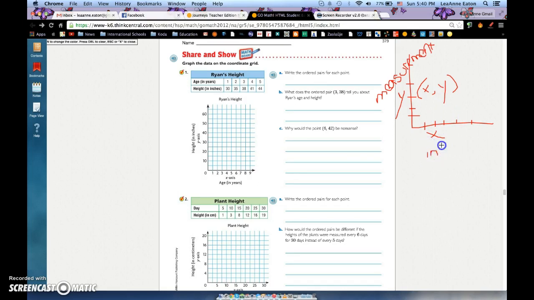Today you're going to start making your own coordinate planes to make your graphs. On Friday when we looked at this, you just had a coordinate plane with numbers 1, 2, 3, 4, 5, 6, 7 down here and numbers here, and it was just going over how you plot those points.